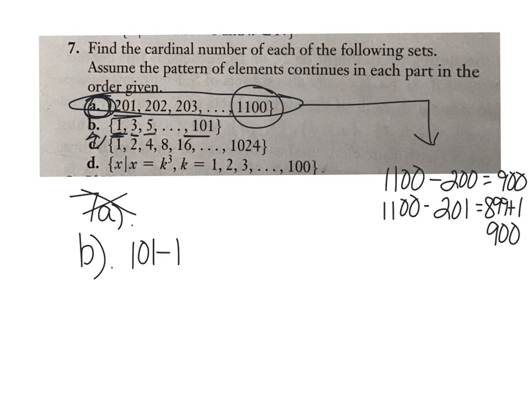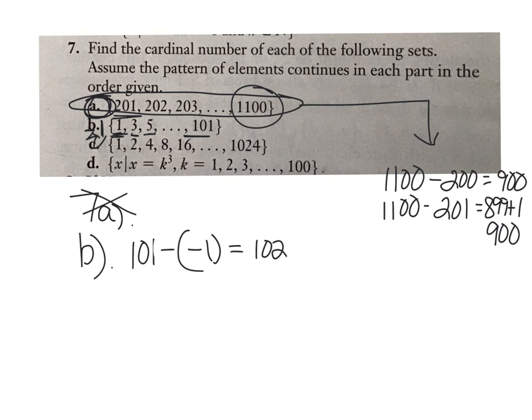So I'm subtracting -1 here, not subtracting 1, because we're going by twos. So the term ahead of this, the 0 term, would be -1. So we're subtracting -1. Because of that, when you subtract a negative number, it actually ends up at 102.